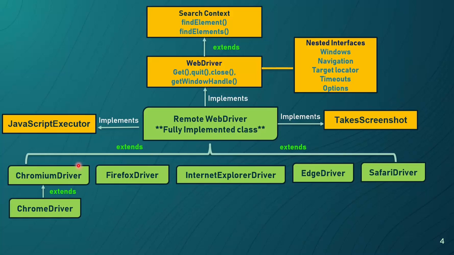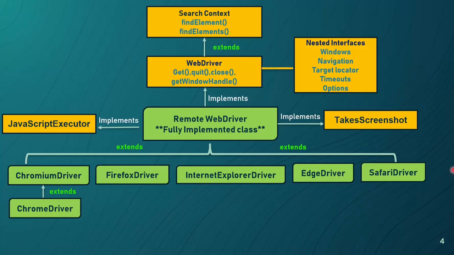From the 4th version, you can see the Chromium driver and Chrome driver: the Chrome driver extends the Chromium driver. They made some changes and included the Chromium driver, through which the Chrome driver gets extended. So these were the changes in the 4th release of Selenium.